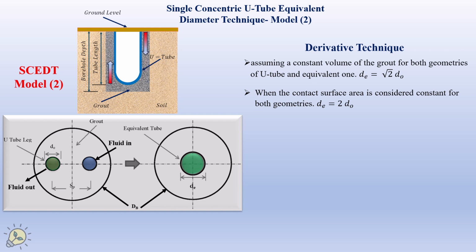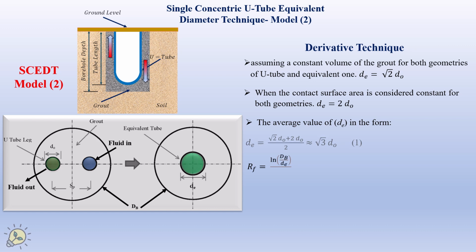And we will introduce another concept, that is to keep the surface area of the original design and the equivalent one constant and equal, then we will end with the equivalent diameter equal to 2 times D naught. If we take the average to include both effects, then we will find that the equivalent diameter equals square root of 3 times D naught, as presented in equation number 1.